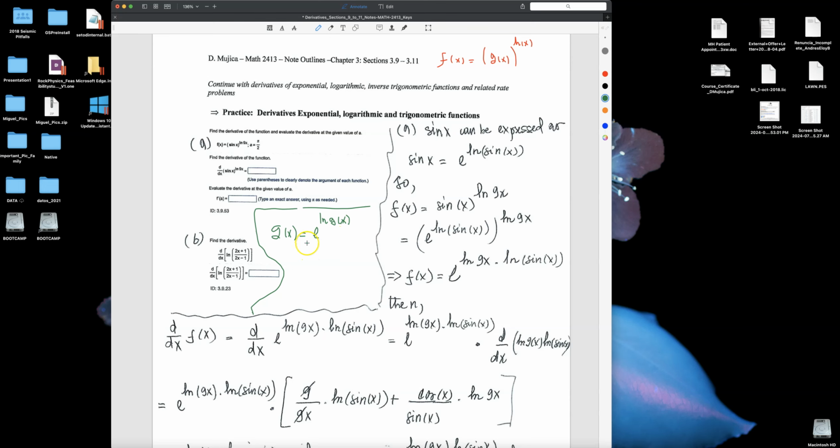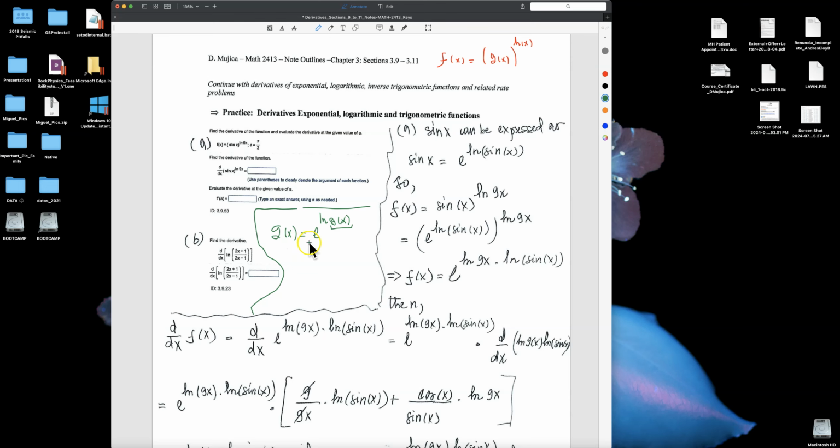What we are doing in this expression is evaluating the exponential at the natural log. Because the natural log is the inverse function of the exponential, that evaluation is going to be the argument. So we can express g(x) in this way, and that's what I did here. In this case, g(x) is the sine of x, so sine of x can be expressed as the exponential raised to the natural log of sine x.